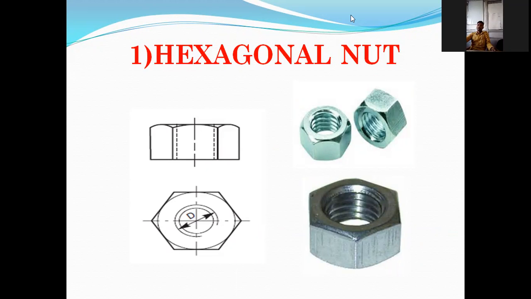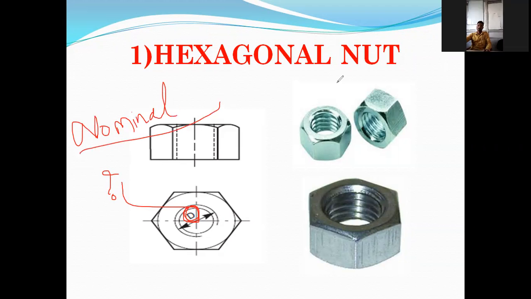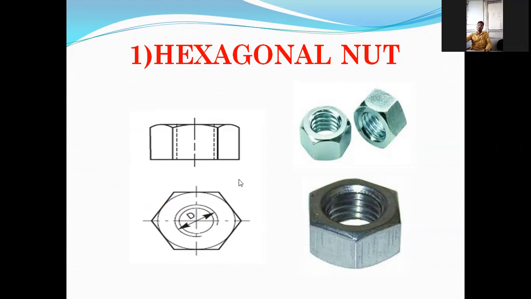What is D in this case? Here it is D. D is called the major diameter, and another name for it is nominal diameter. Okay. So how much height does it have?